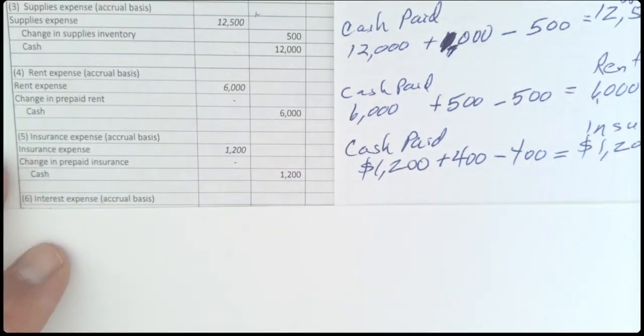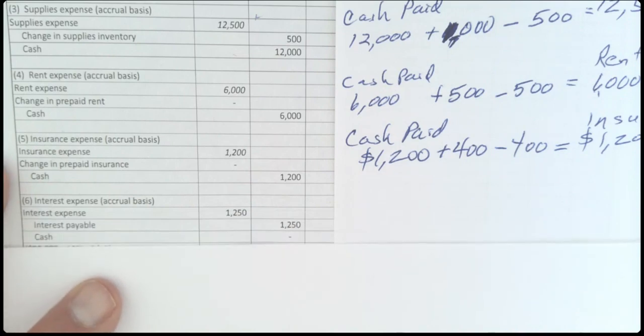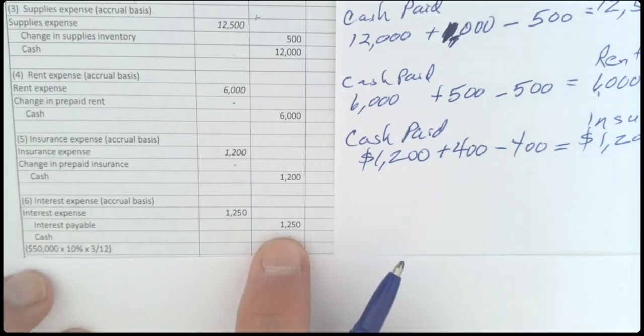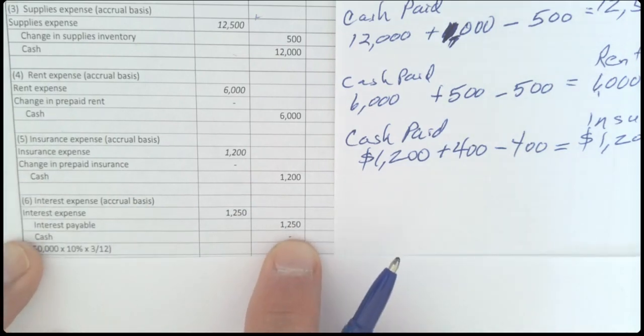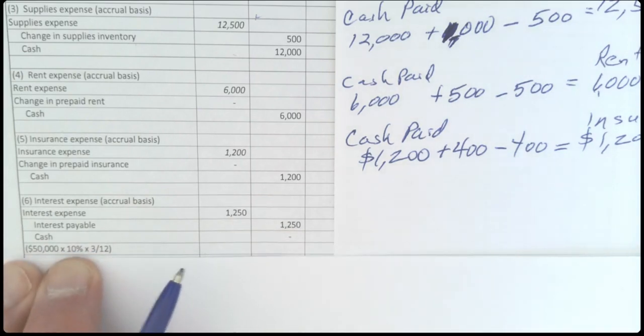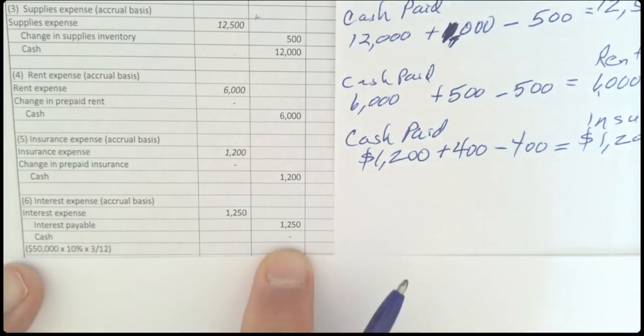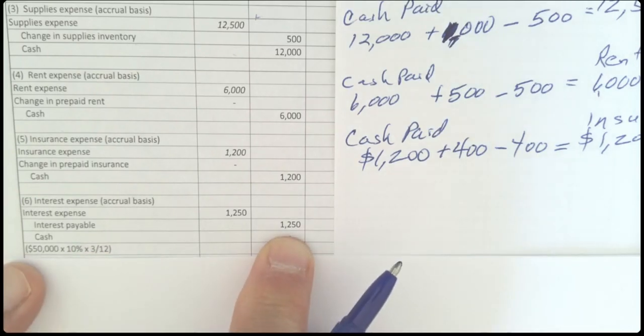Interest expense, well, the interest paid is 0, but interest payable would be $1,250. 50,000 multiplied by the 10%, or 5,000 a year, times 1/4 of a year is 1,250.